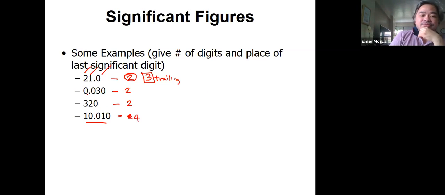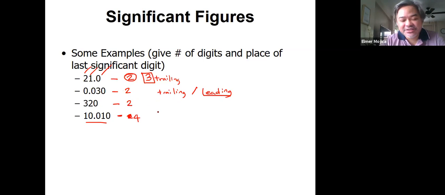Okay, this one. You have here a trailing zero and a leading zero. Any zero on the left side of a non-zero number is a leading zero, and usually a leading zero is not significant. So in this case, this is not significant, this is not significant. And then you may ask me, Professor, but you said anything after a decimal point is significant.